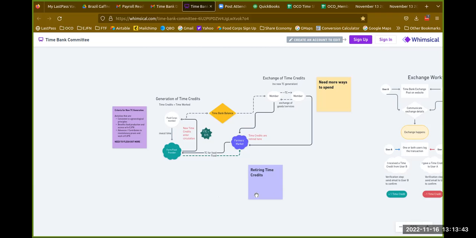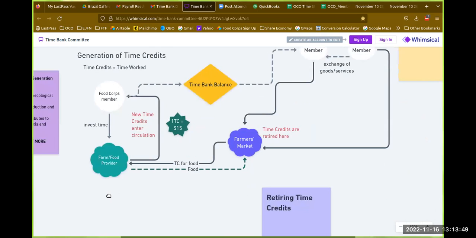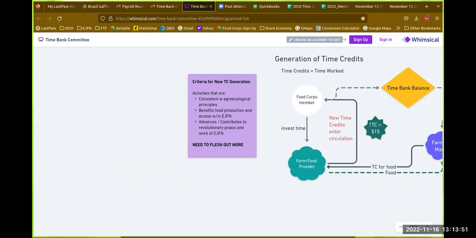Another important aspect of time credits is the conditions under which a time credit can be created. So obviously not every activity generates new time credits. Those activities have to meet certain criteria.